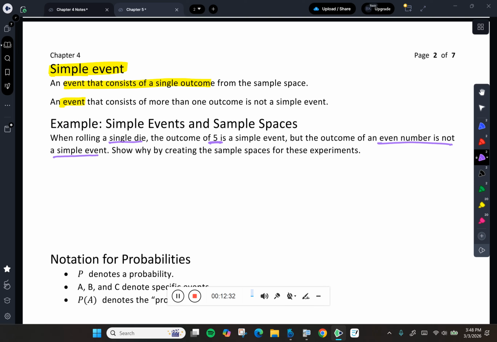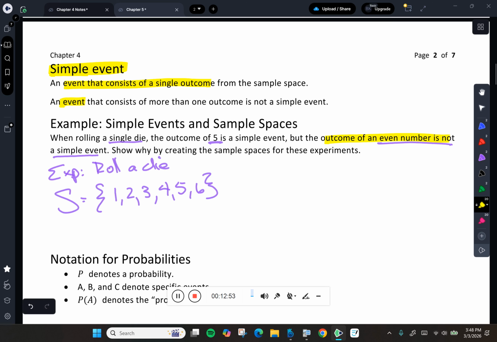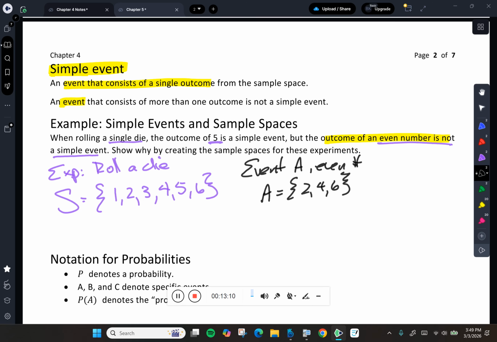And I want to show why this is true. So if my experiment is to roll a die, my sample space, things that could happen, are the numbers 1 through 6. Even number, and I'm going to call that event A, would have 3 things in it: 2, 4, and 6, because there are 3 numbers in the sample space that are even numbers.